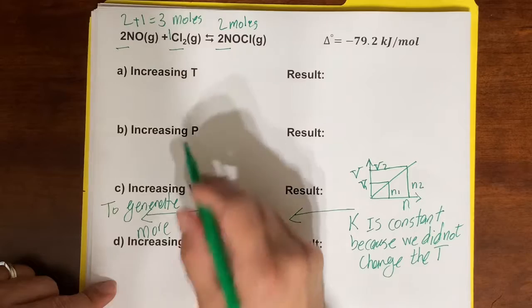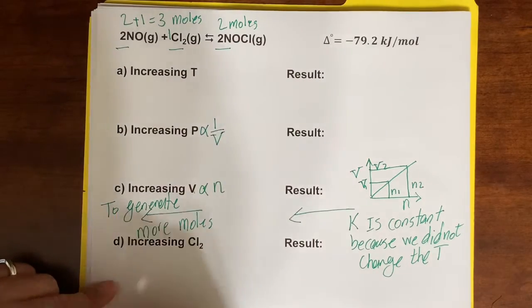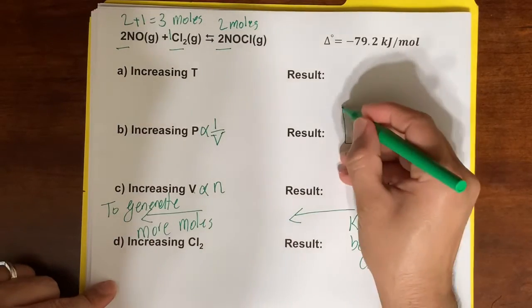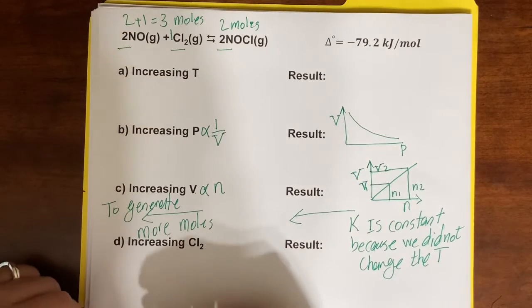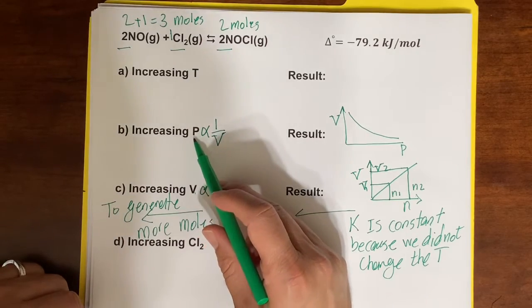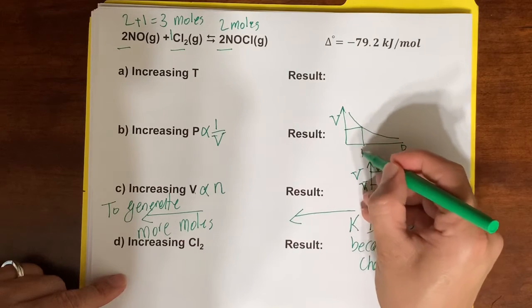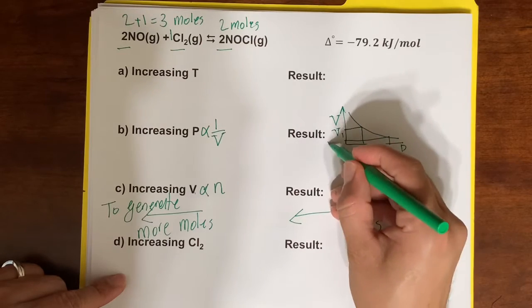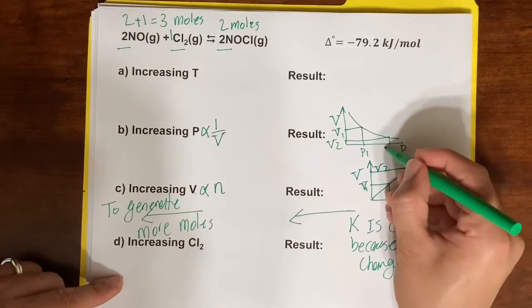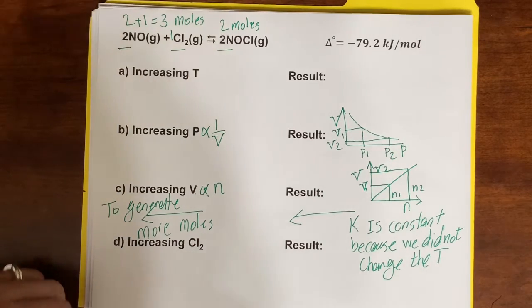How about the pressure? Pressure is inversely connected to the volume. If the pressure goes up, then volume will be smaller. Here P1 goes with V1, and if you increase the pressure, V will be smaller. Because you have a smaller volume, you cannot accommodate a huge number of moles.